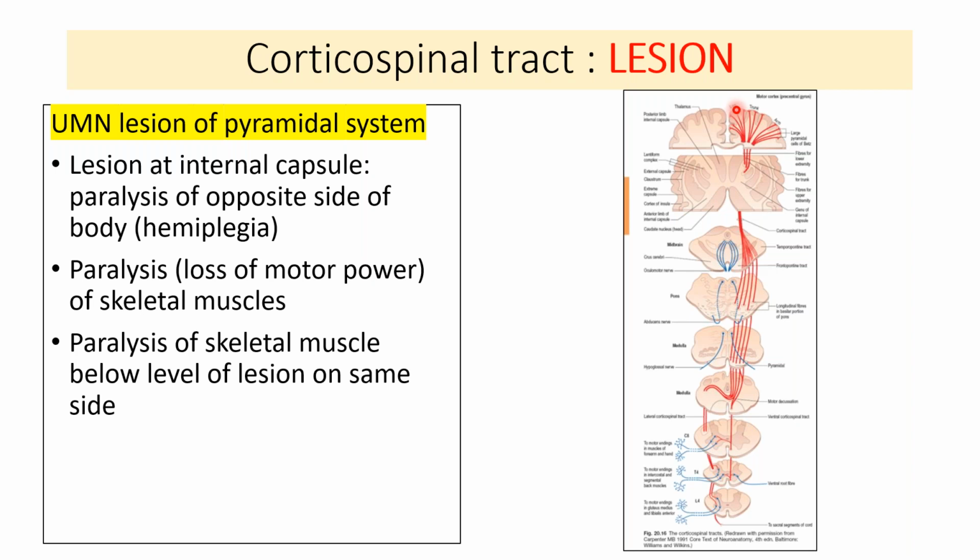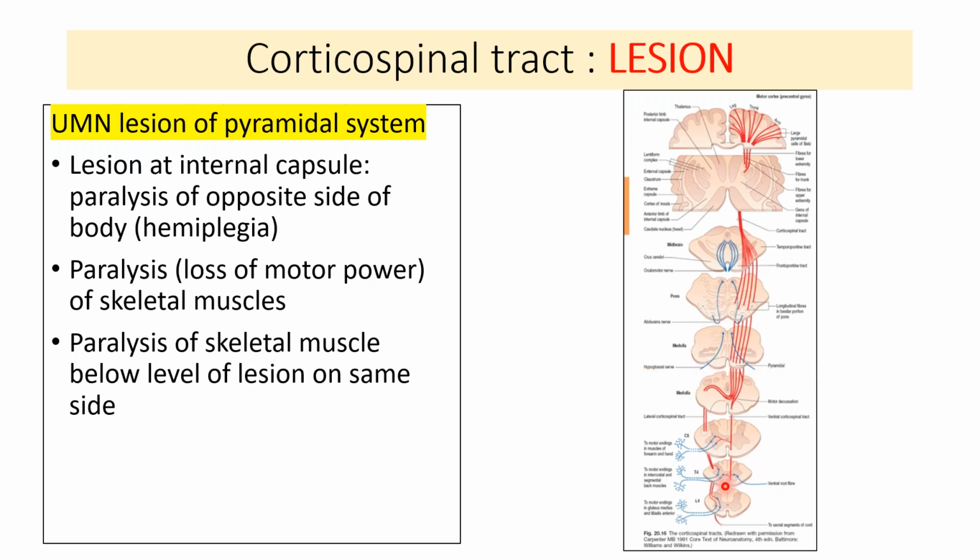The upper motor neuron extends from the cerebral cortex to its axon, which synapses with the anterior horn cells. So from this point to this point, this is the upper motor neuron. Any injury up to this point will be called an upper motor neuron lesion.